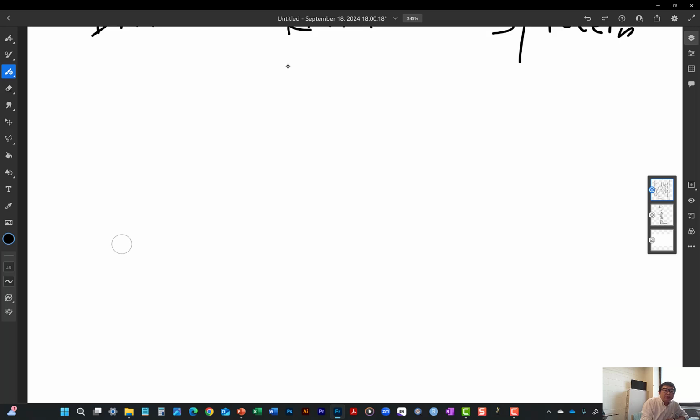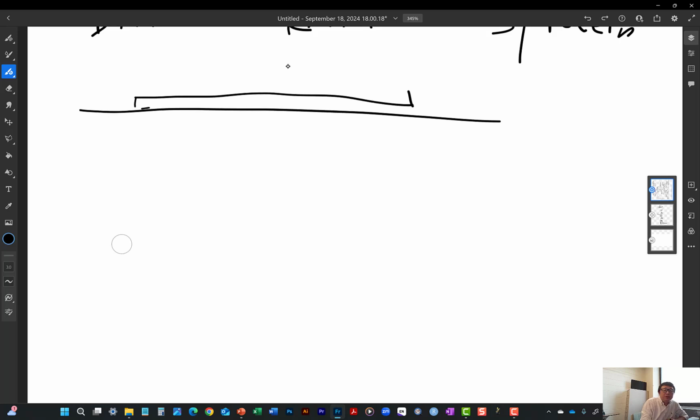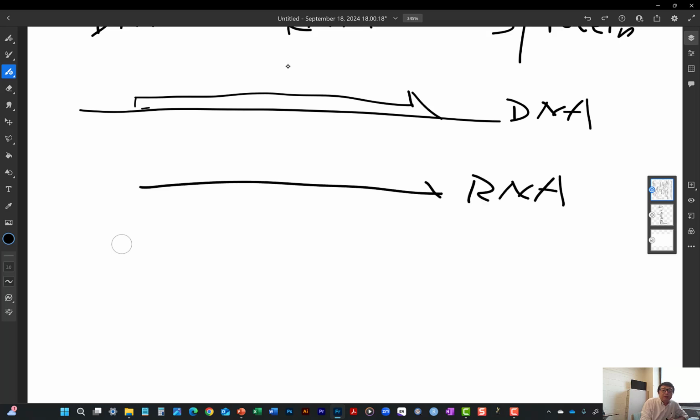Transcription. Here there's a DNA sequence. How does a DNA sequence become an RNA sequence? Think about this: we just learned about DNA replication. DNA replication is a copy, one copy to two copies of the whole genome.